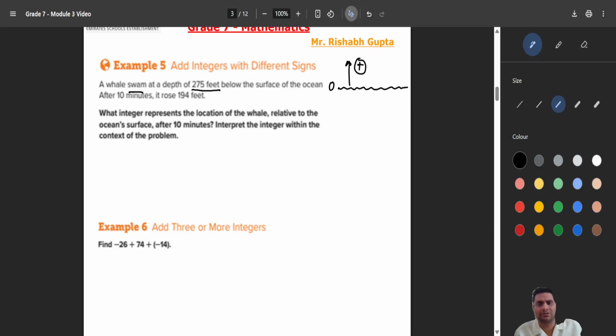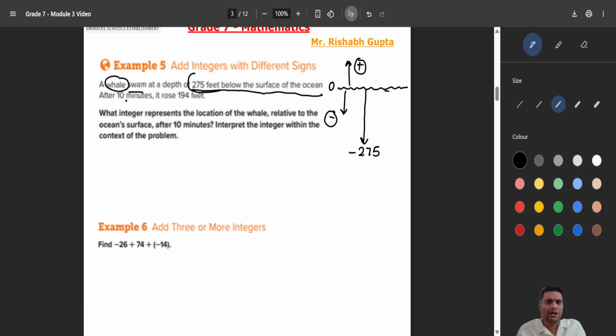But if you are going down into the sea, then we call it a negative number. Our height is decreasing, so the numbers will be negative, minus 1, minus 2, minus 3, minus 4, minus 5. Now he is saying that a whale is swimming at a depth of 275 feet below the surface of the ocean. This is the surface of the ocean and the whale is swimming at a depth of 275. So I will call it minus 275 because we are going in the downward direction.